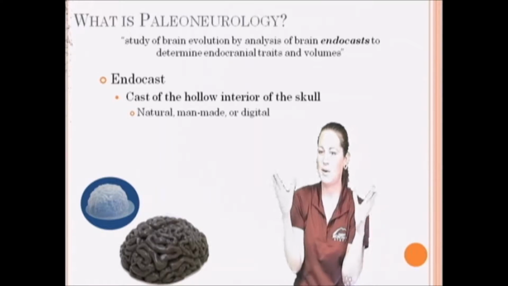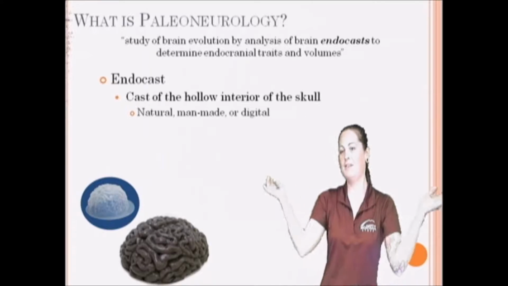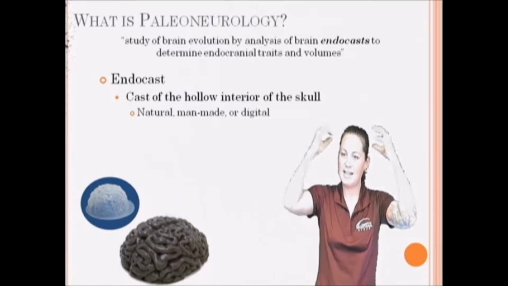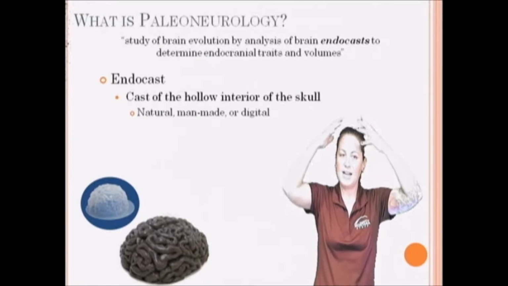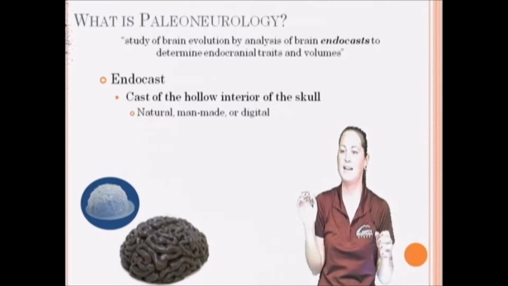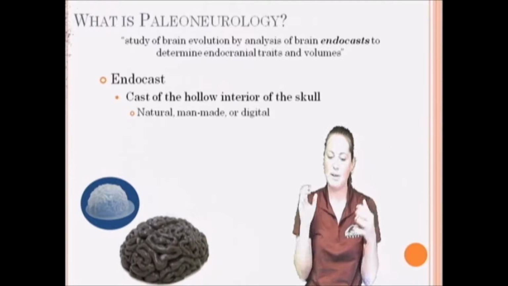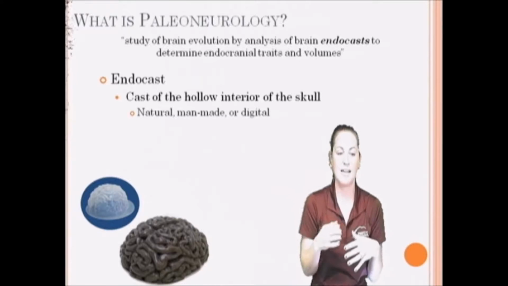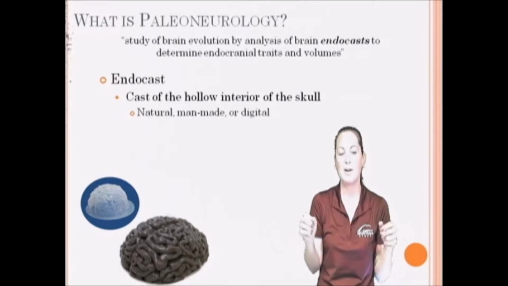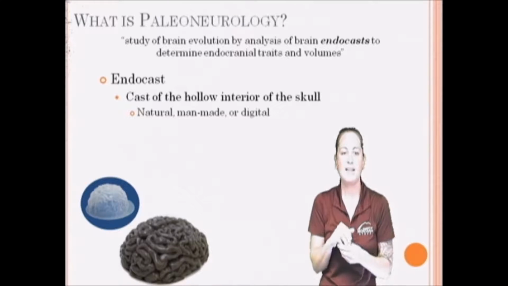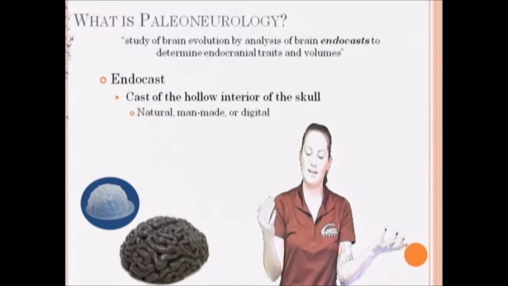Everybody's brain, your brain, my brain, an elephant's brain, pushes on the inside of the brain cavity, and it creates impressions on the inside. We can look at blood vessels and nerves, the wrinkles of the brain can be preserved, and this can happen through natural processes.